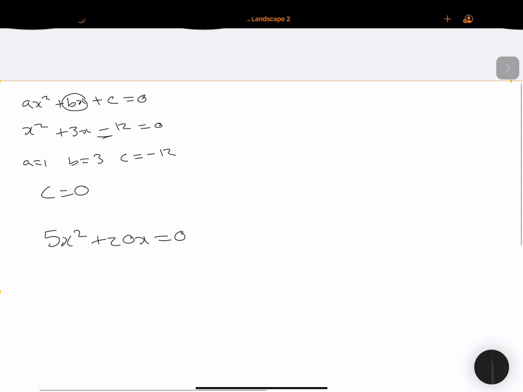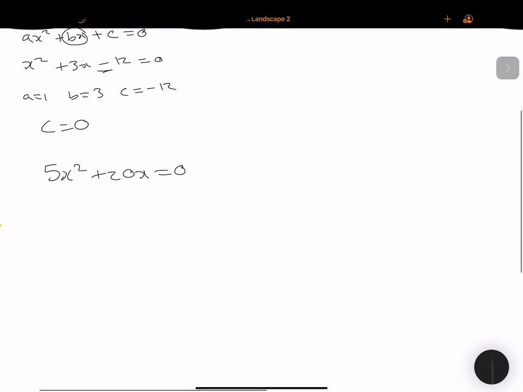Sorry, let's take out a factor. So a factor of this would be 5, because 5 goes into 5 and 5 goes into 20, and x, which would leave us with x, and it would leave us with 4, which all equals 0. Now let's divide by 5x on both sides, which will leave us with x plus 4 equals 0.